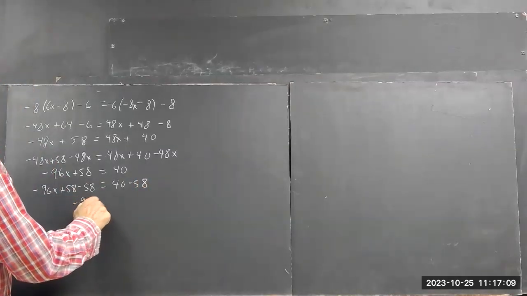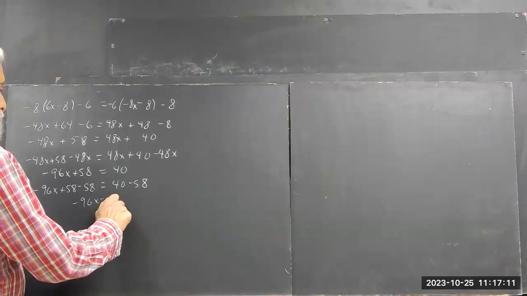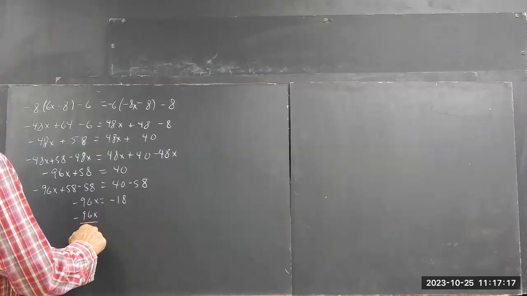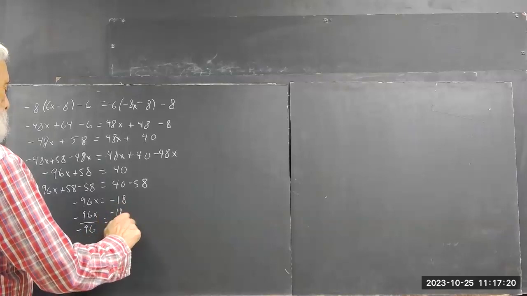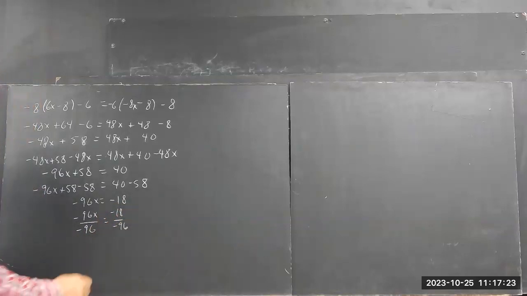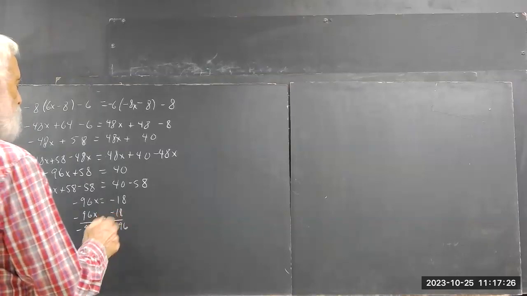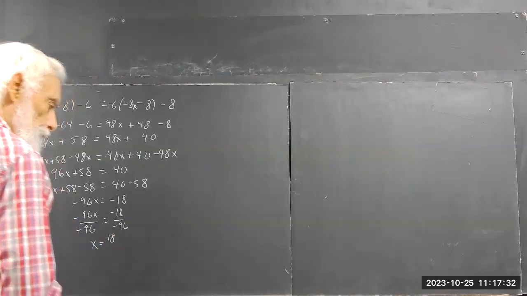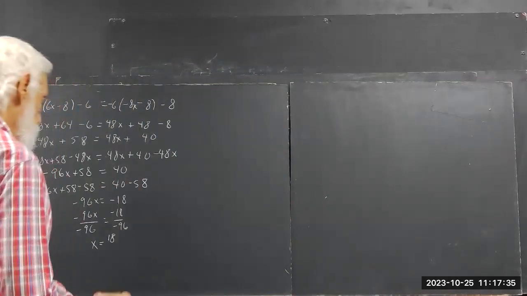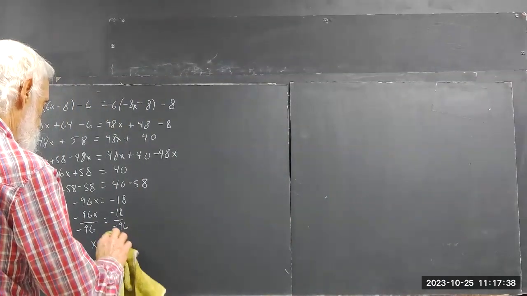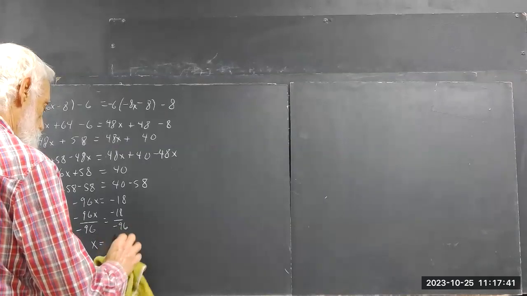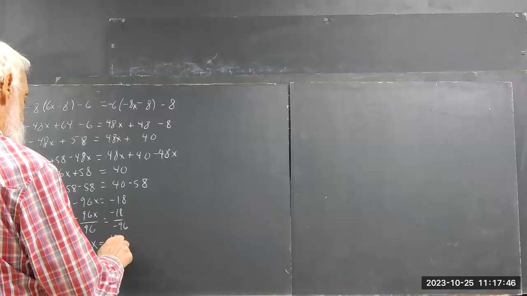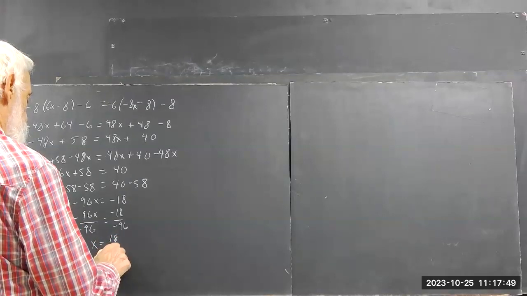We get -96x equals -18. If we then divide both sides by -96, we get our solution. We get x equals 18 over 96. Having trouble writing 8s. Too bad this problem generated so many 8s. A combination of the chalk and doing my hand work, it's been working. So we get 18 over 96.